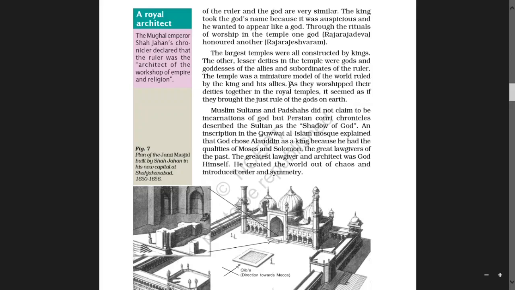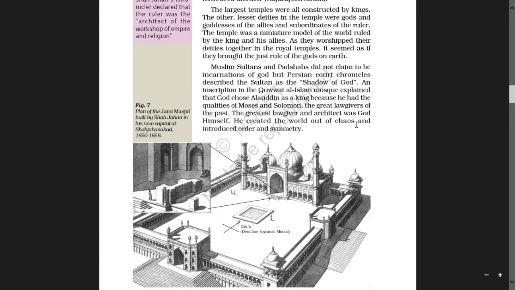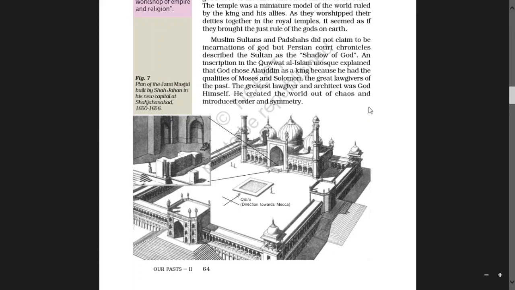Muslim sultans and Pashas did not claim to be incarnations of God, but Persian court chronicles describe the Sultan as the shadow of God. You see, Muslim sultans and Pashas did not claim to be incarnations.